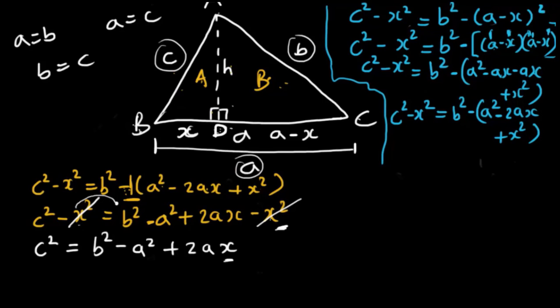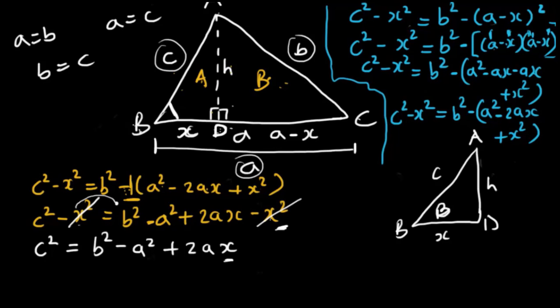Now to find x, all I need to do is to bring out this triangle ABD, and the reason for that is that it contains x. So ABD, and so this side is small c, here's x, and here's h. Now if you look closely, this angle here will be angle B, capital B. Does that make sense? Now I can find the relationship between c and x.